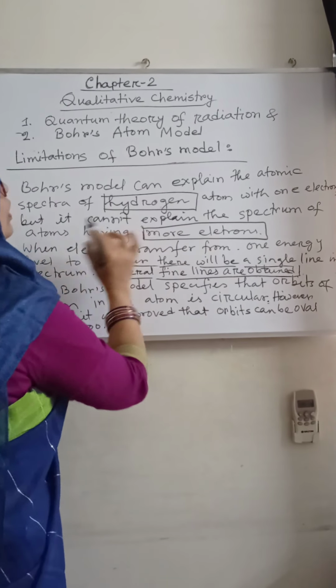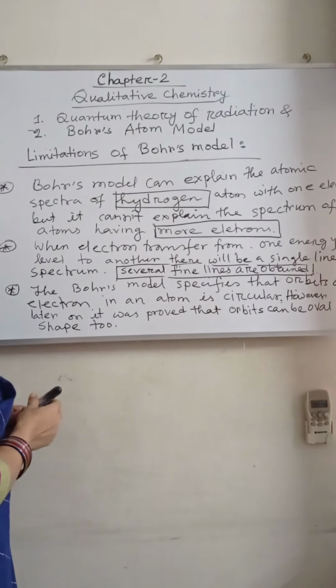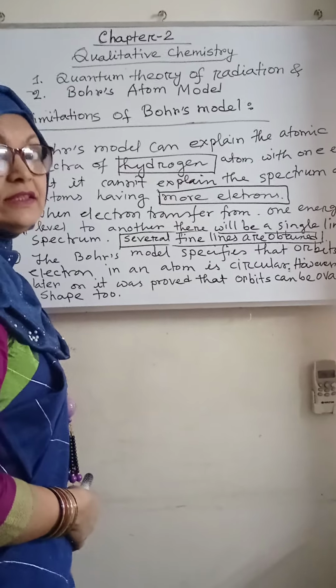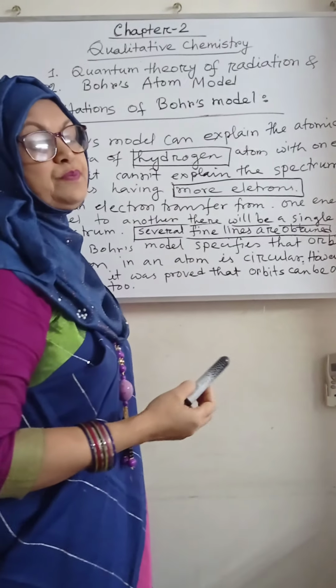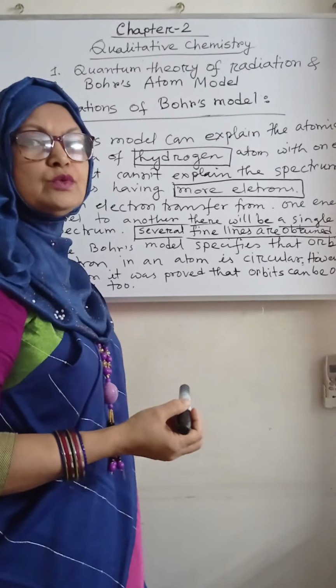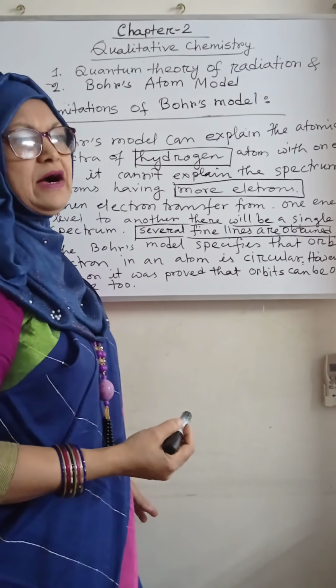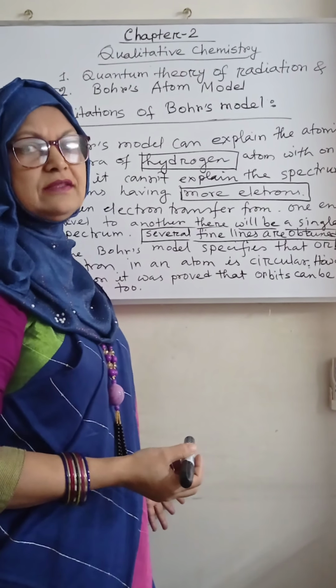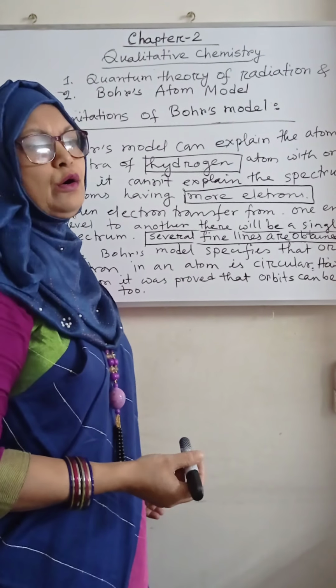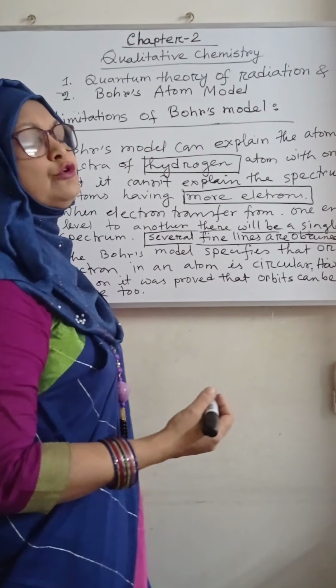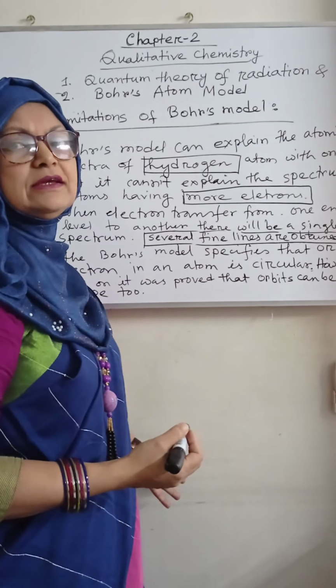Hydrogen has only one electron. I repeat it again. Bohr's model can explain the atomic spectra of hydrogen with one electron, but it cannot explain the atomic spectra of atoms which have many electrons.